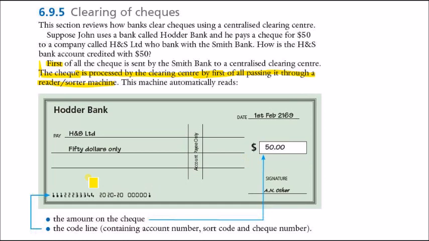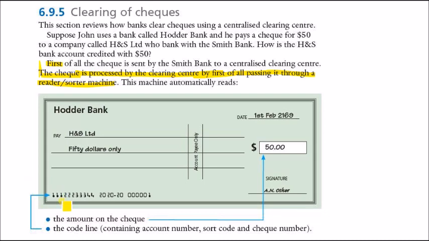First of all, the check is sent to the Smith Bank and to the centralized clearing center. Now the check is processed by the clearing center by first passing it through the reader sorter machine, which is the MICR.